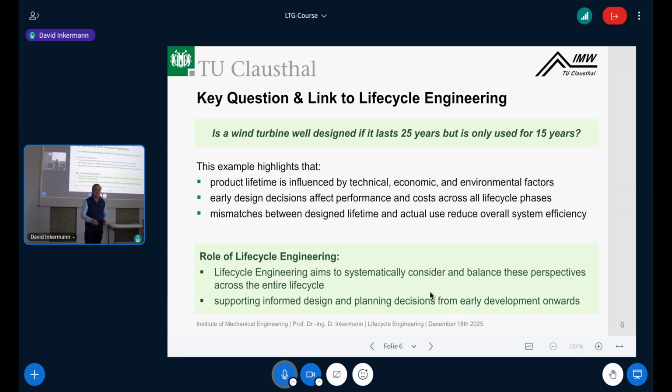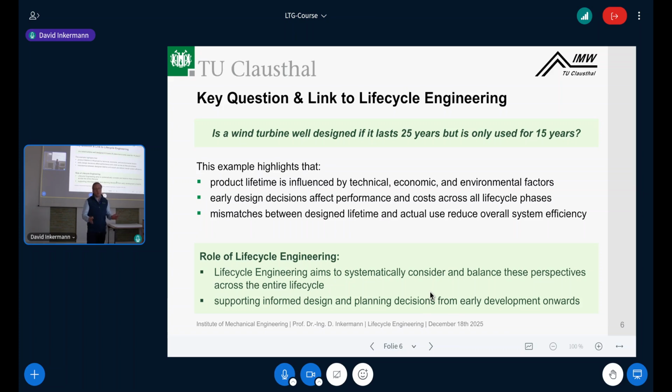So it aims, in the first place, to understand and balance these different perspectives when designing the product and planning the life cycle, and thereby also inform decision-making with regard to replacement of single components, but also with regard to the overall product architecture and modularization, for instance.